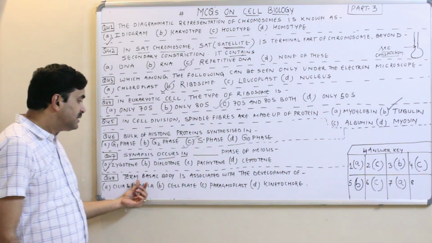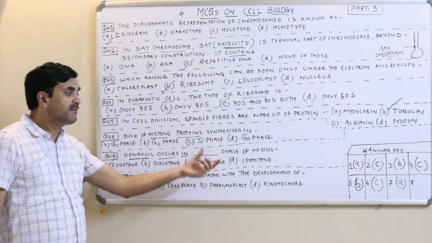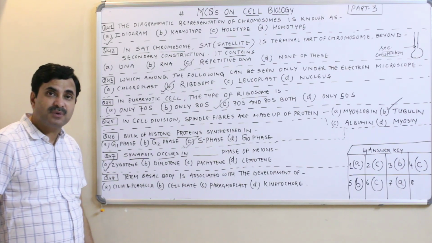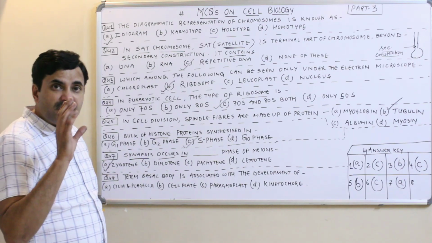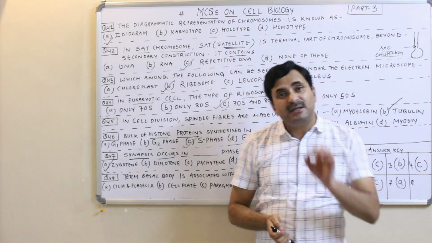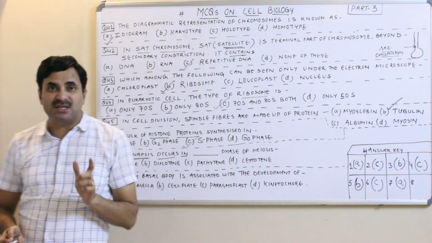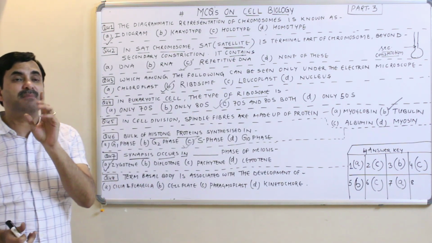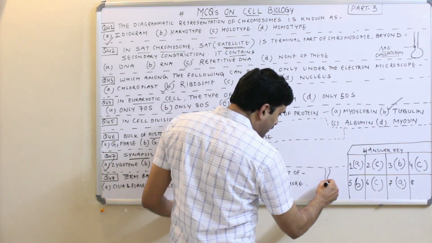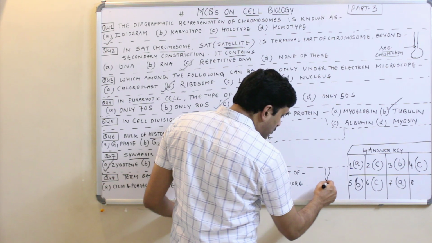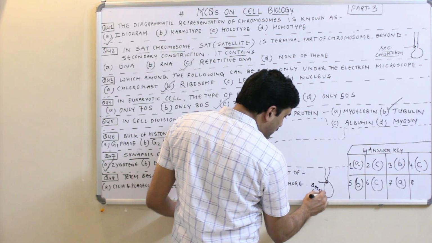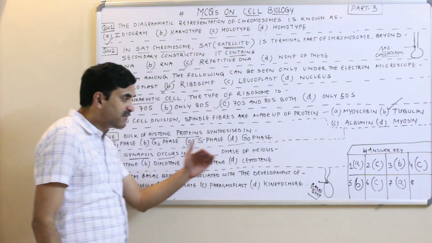Question number 8, the term basal body is associated with the development of. If you have heard about cilia and flagella, always remember that the origin of cilia and flagella always happens from the basal body. Say I draw here a diagram of flagella. These flagella are originating from the basal body.